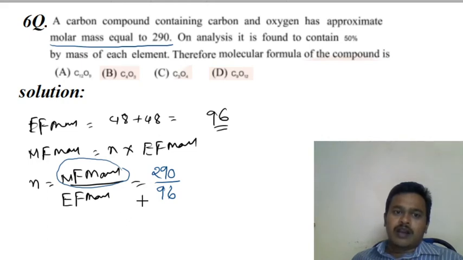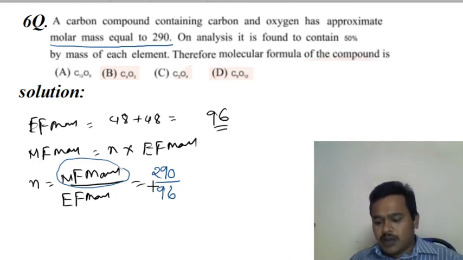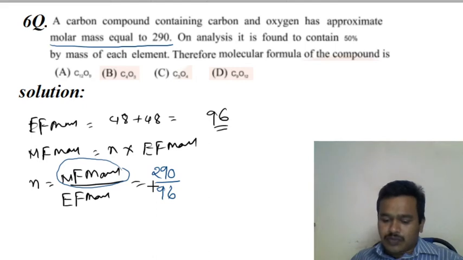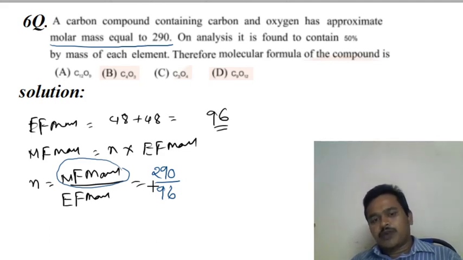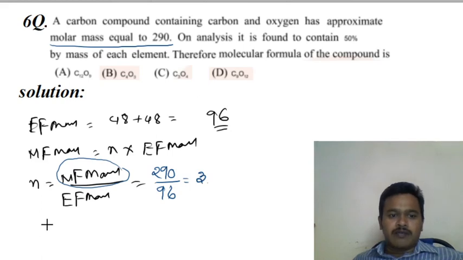If you calculate 290 by 96, it comes as almost 3. Approximately 3 will come. So finally we get the n value as 3.